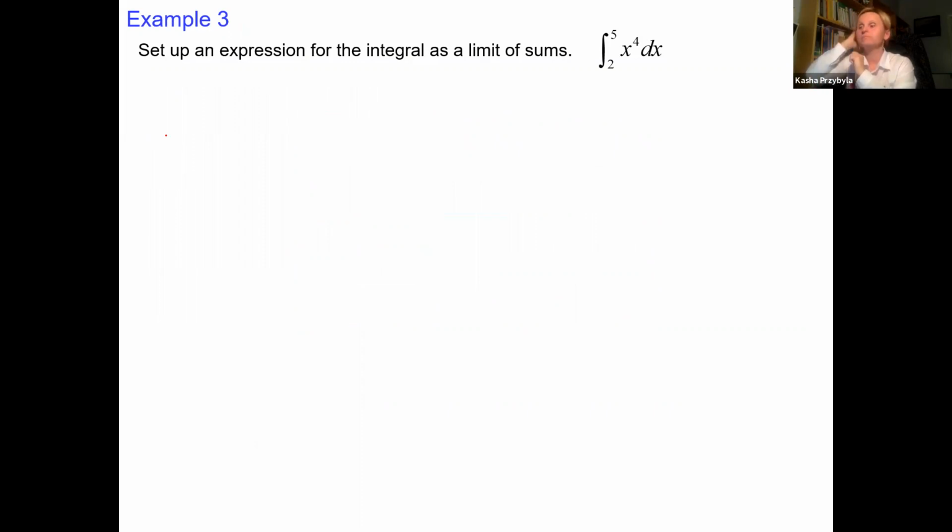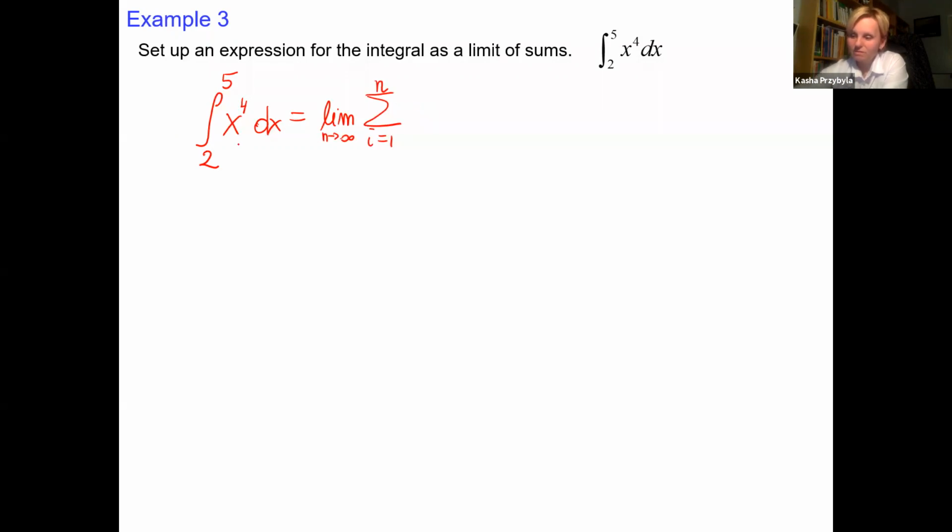Which means I can say rewrite this integral, the integral from 2 to 5 of x to the power of 4 dx, as a limit of the Riemann sum. The integral sign becomes a limit of the sigma from 1 to n, as n goes to infinity.